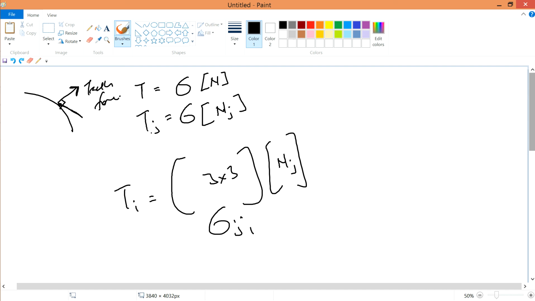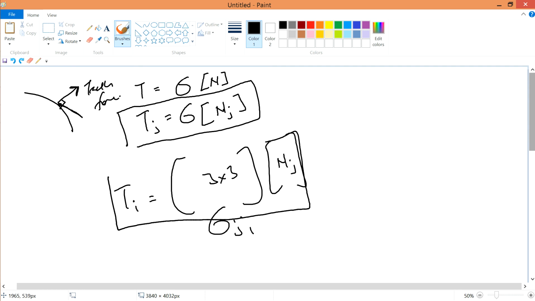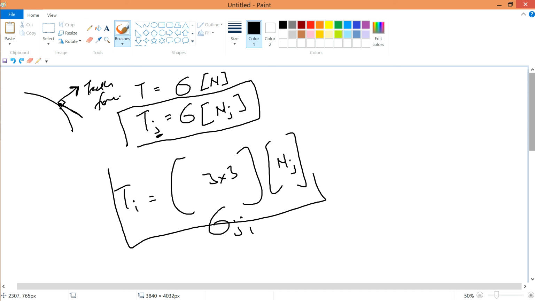It shouldn't cancel away this j, because this tj, this traction force, is different from this ti traction force if you take a look. Why? This is in the j basis vector, this is in the i basis vector. They are totally two different things.